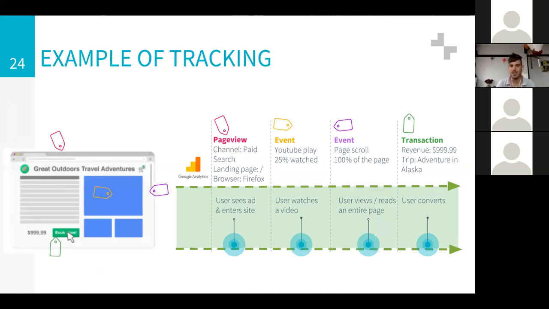Then I have also another tag, the purple tag, that will help me measure the engagement of the user to see how much they have read on that particular page. This tag will be deployed when the user is reaching the bottom of my page, and I will send information to Analytics saying, well, he has scrolled the page 100%.